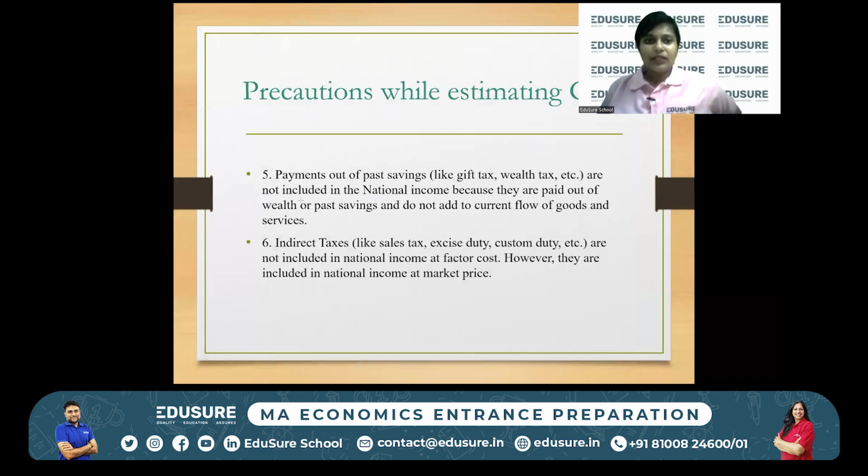Now, another important point, payments out of past savings. Okay, so like a wealth tax or a gift tax are not included because they're paid out of past earnings, not current. Indirect taxes are not included in national income at factor cost. However, of course, they're included in the national income at market price.